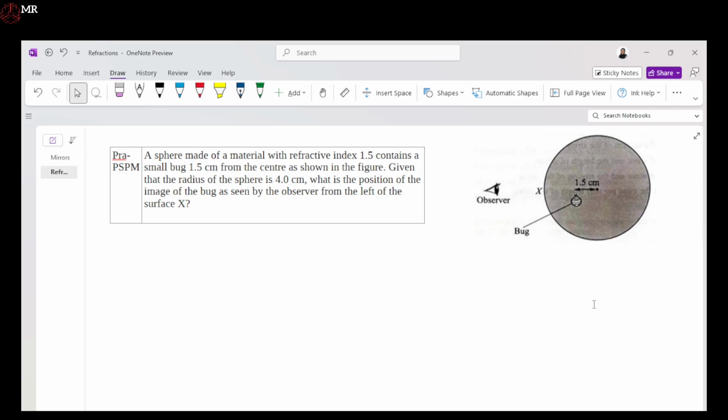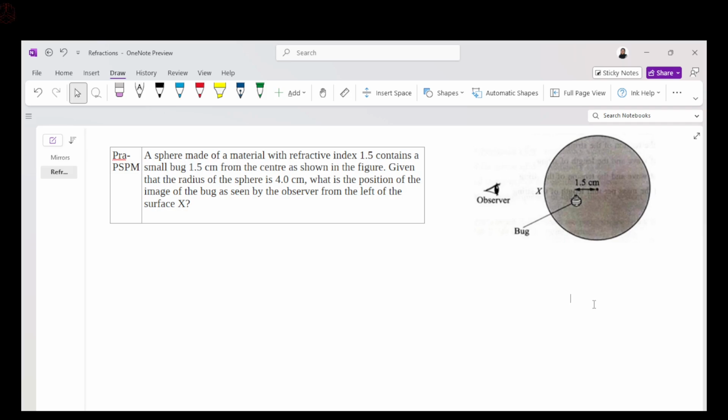A sphere made of a material with refractive index of 1.5 contains a small bug from the center as shown in the figure. So where is the object? The object is the bug.